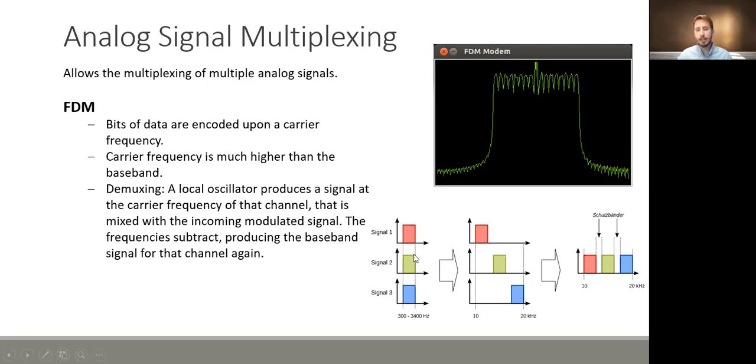In this case, we've got signals 1, 2, and 3. Now what you're going to do is assign each signal a certain frequency band. Maybe this was 10 to 50 hertz, maybe this was 1,000 hertz to 2,000 hertz, and this is like 15,000 to 20,000 hertz. Now you send that data all at the same time.